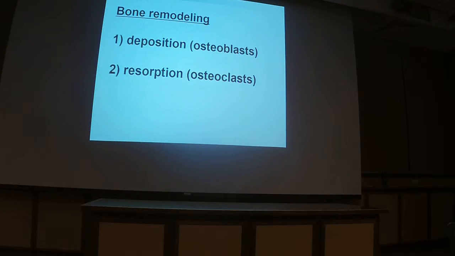Bone remodeling, okay: deposition, osteoblasts, they grow it. Resorption, osteoclasts, they take it away. And it really should not be called bone remodeling. In the beginning, it should be called bone modeling, because you're building the bone. Later on, you remodel it, if you have to. But it's semantics.